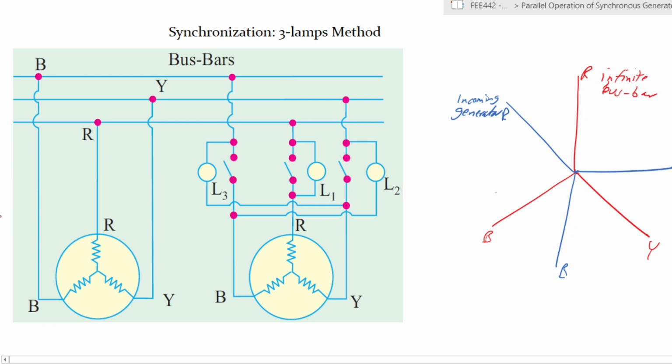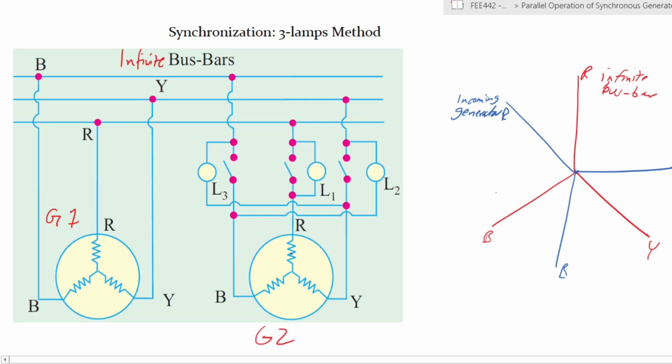So let's say this is our generator 1, let's call this infinite bus bars, and it is part of a system that you want to connect to, and you want your generator 2 to connect to your system of infinite bus bars with your generator 1 already running. So in this case, you now have what we have shown. So if this is the phasor of your infinite bus bar in red, right? Your infinite bus bar, which has a generator 1, is in red color over there.